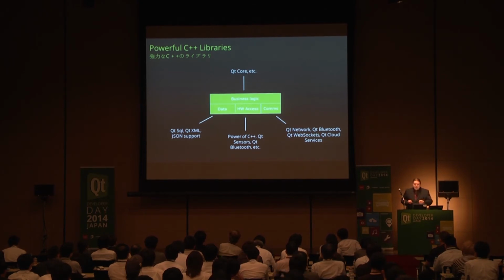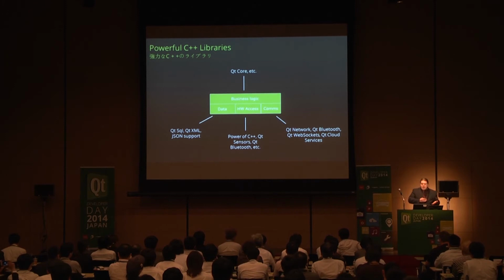You can take, for instance, the Bluetooth API or the Qt TCP socket classes or the sensors API that can be extended using plugins for any other sensors you have. Or, as mentioned, the Qt WebSockets API, which was released today with Qt 5.3.